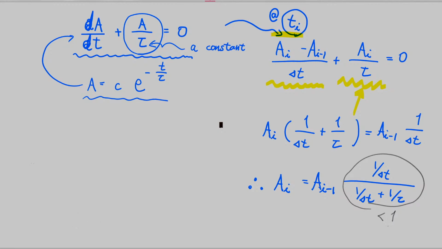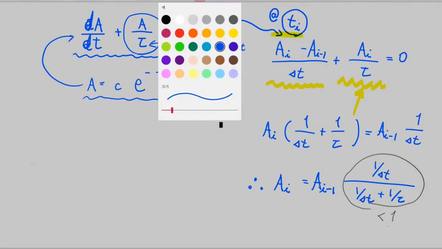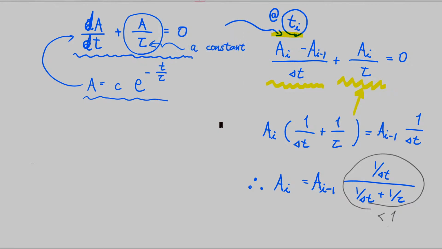Then let me do it once again in a different way. Up to now, I have told you that round A over round t can be approximated as A at t plus delta t minus A at t, over delta t.